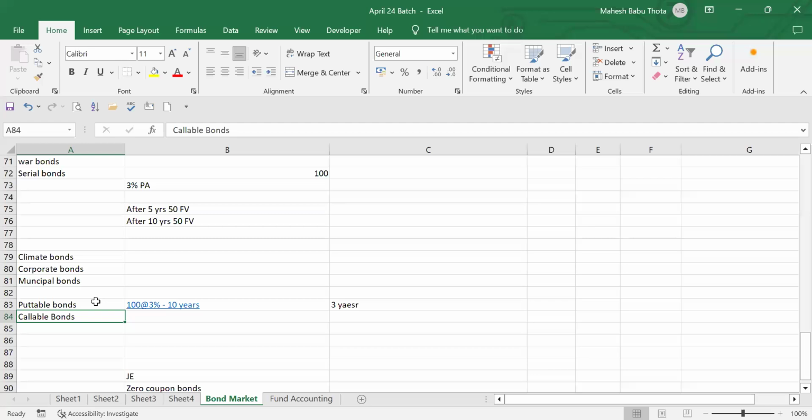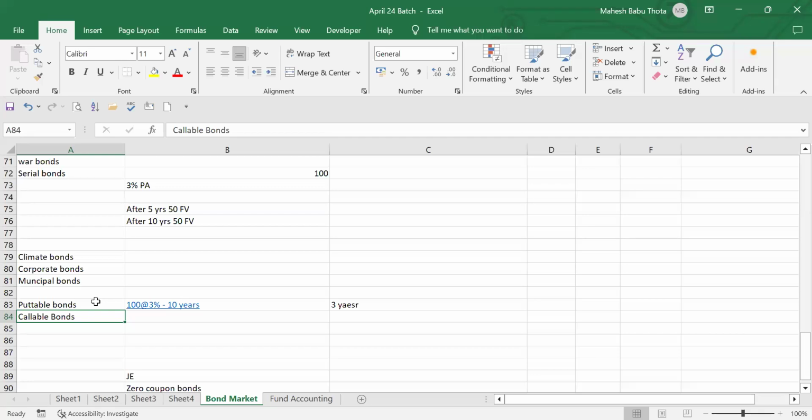here the company will have an option. Normally in a puttable bond, the bond holder has an option to redeem the bond. Similarly, in a callable bond, the company has this option. They can demand the bond back from the bond holder and pay back the amount to the investor.